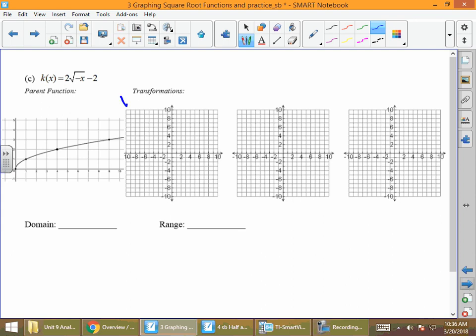It is a vertical stretch by 2. So we've got our picture of our parent function. So 0, 0 is going to stay the same. But now 1, 1 is going to become 1, 2, because the y distance of 1 is 1 times 2.